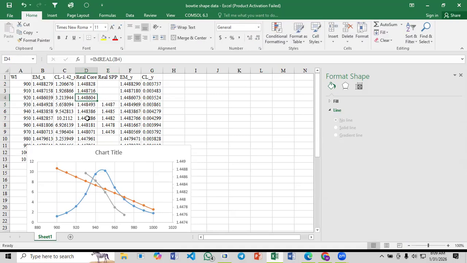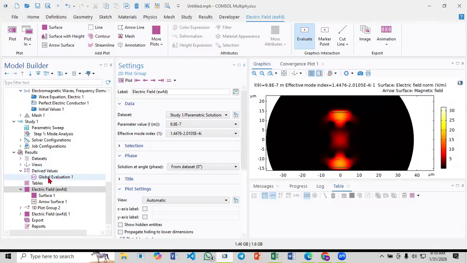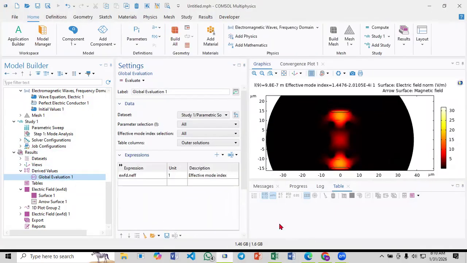Here you can see that this is very perfect, because we take six digits after the point, but here we chose only four digits after the point. That's why it's not showing a perfect result. If you want a perfect result, then you have to copy from the global evaluation. That's how you will get a perfect result.